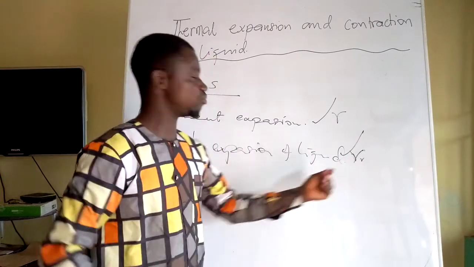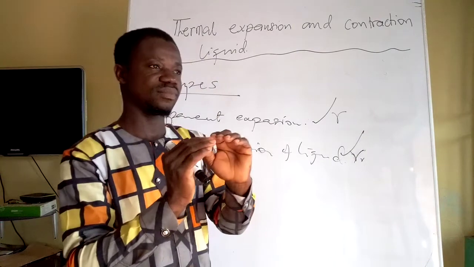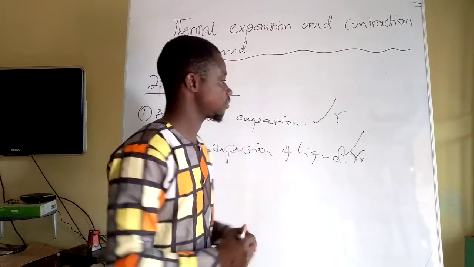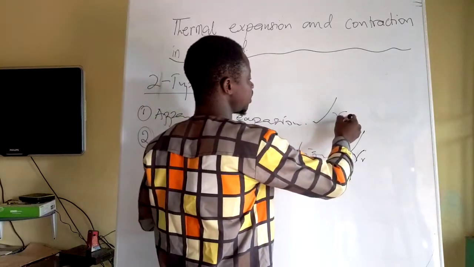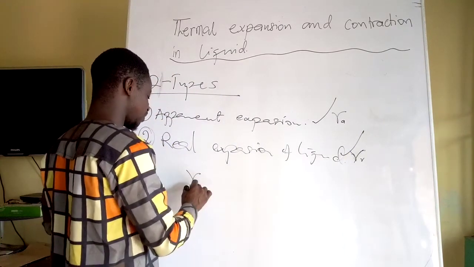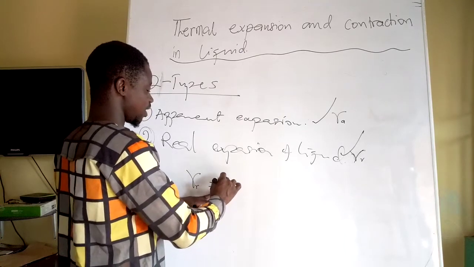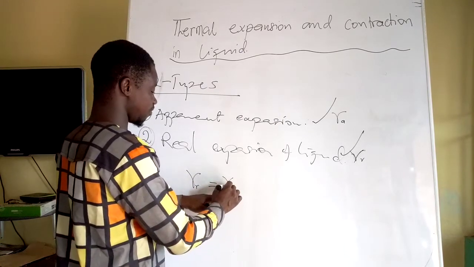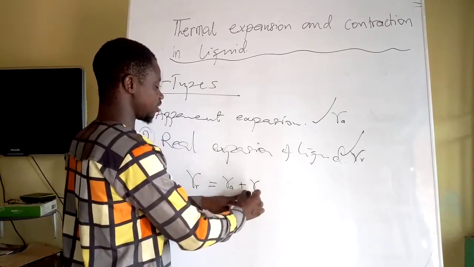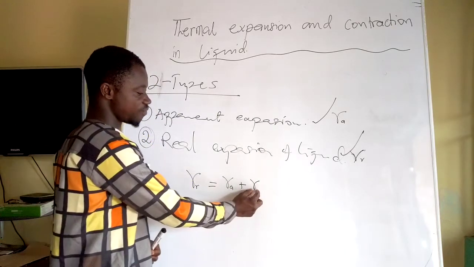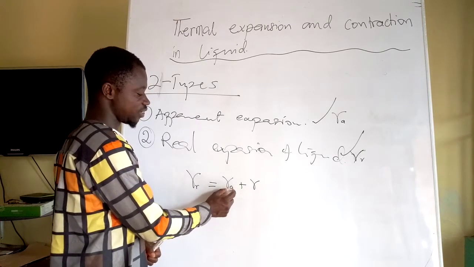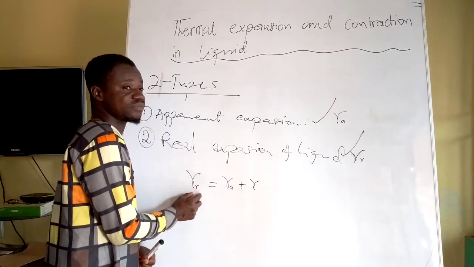So because we are still dealing with volume, let's call the real expansivity of a liquid gamma R. Then the apparent expansivity of a liquid, let's call it gamma A. So therefore, the real expansivity of a liquid is equal to the apparent expansivity of the liquid, plus the expansion of the containing vessel. This is the coefficient of volume expansion. This is the apparent expansivity of the liquid, and this is the real expansivity of the liquid.